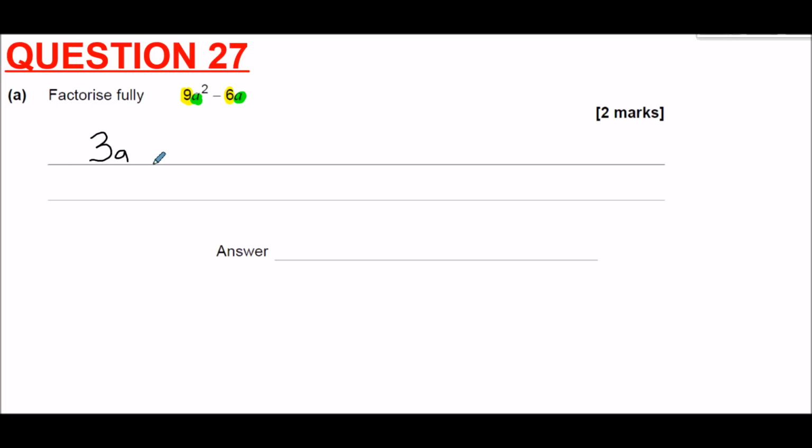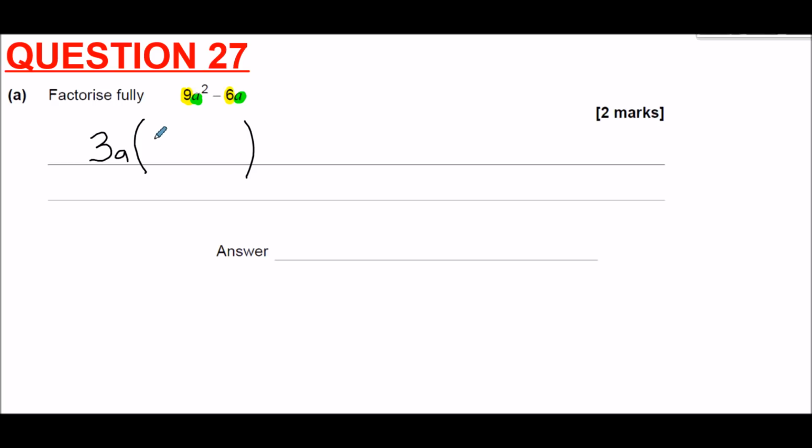Once we've factorised out and found everything which is common in each group, that's when we open up the brackets and compare what we have on the outside to what we want to end up with at the end. So looking at the number, we've got a 3 here, we want to end up with a 9. So what do we multiply 3 by to get 9?